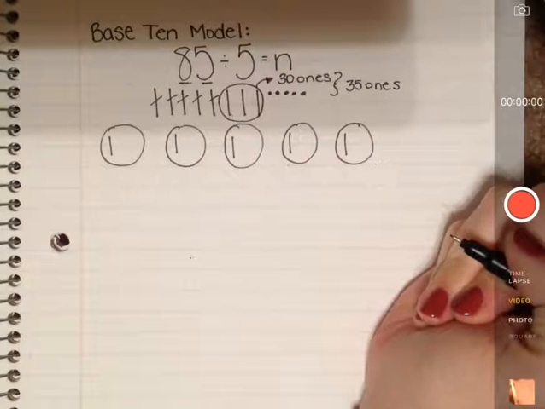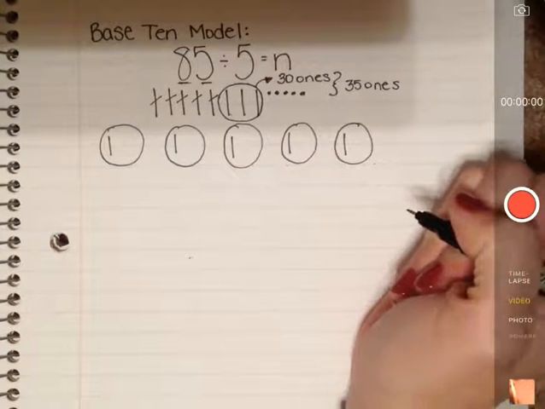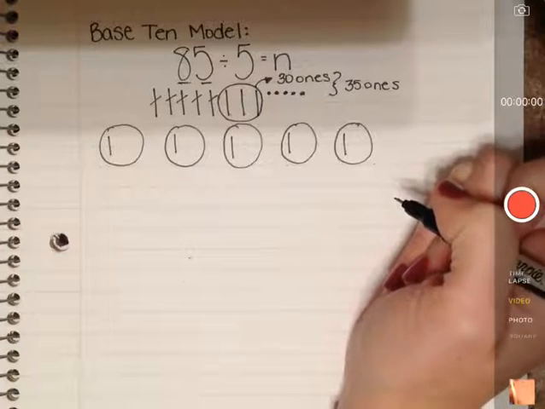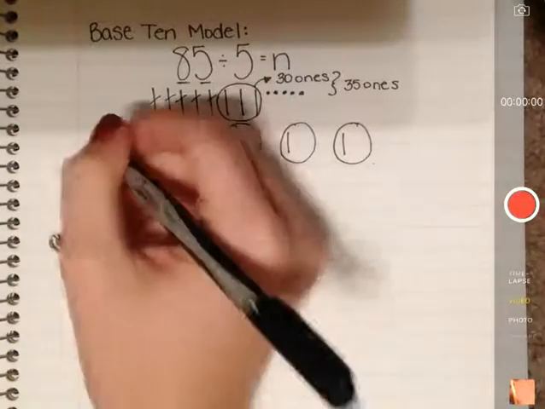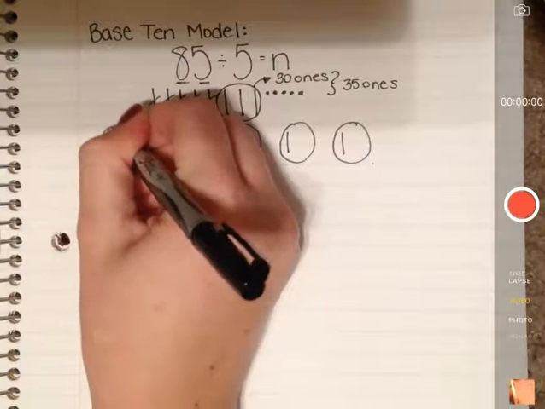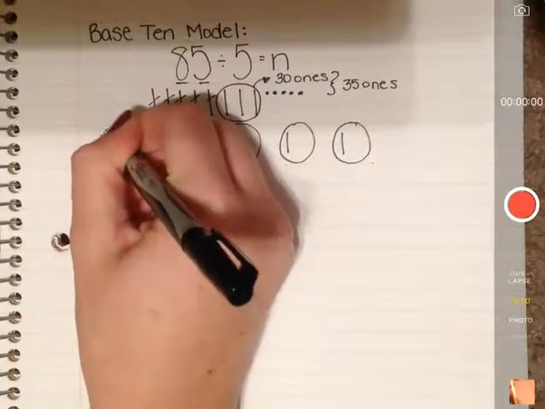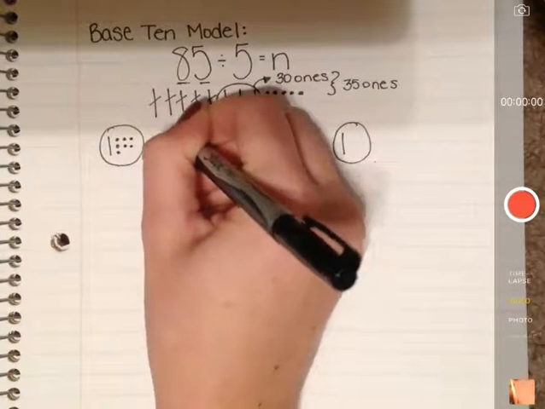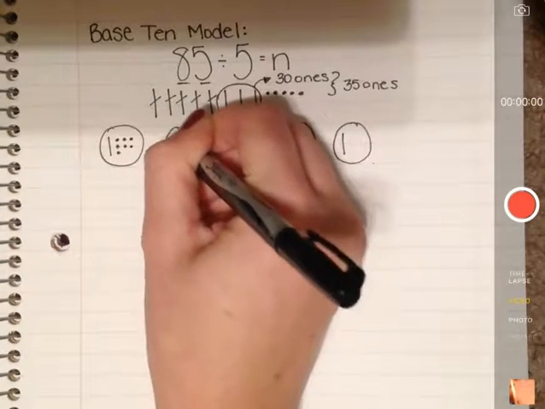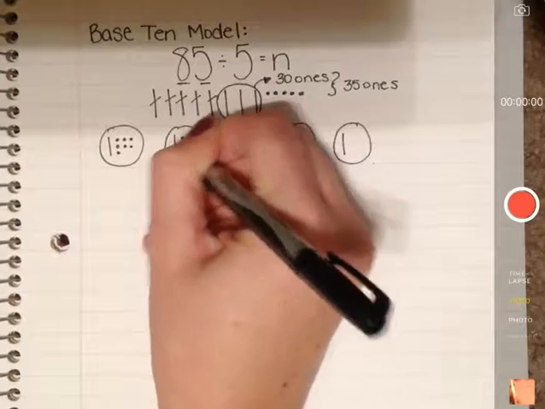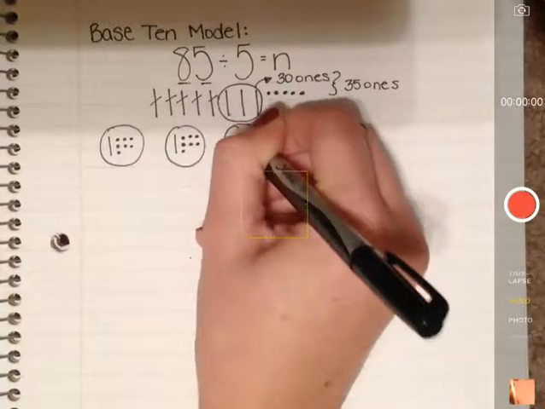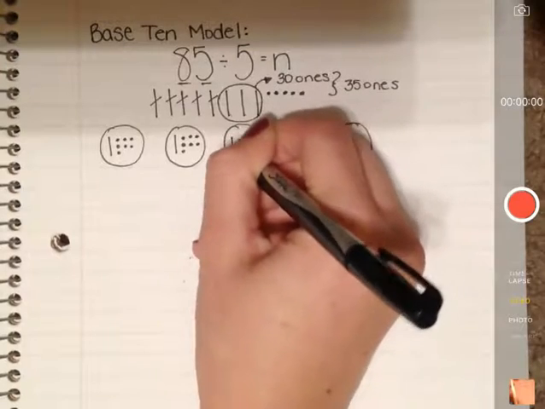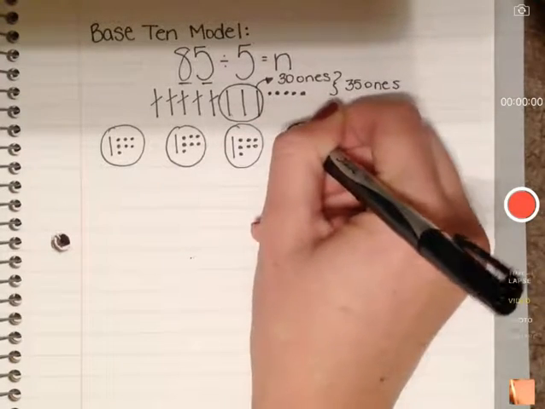Because I know my multiplication facts, I know that 35 divided by 5 is 7. So each of my 5 groups is going to get 7 ones, because 7 times 5 is 35, which means I will have distributed all of my 35 pieces that I had left over.